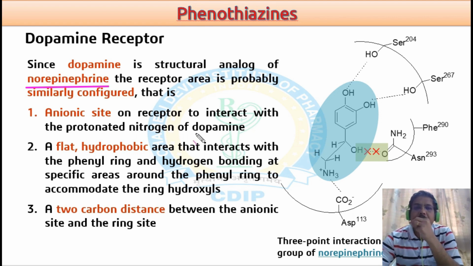So probably dopamine takes a similar conformation as norepinephrine, and if you look at that, this is the norepinephrine structure.